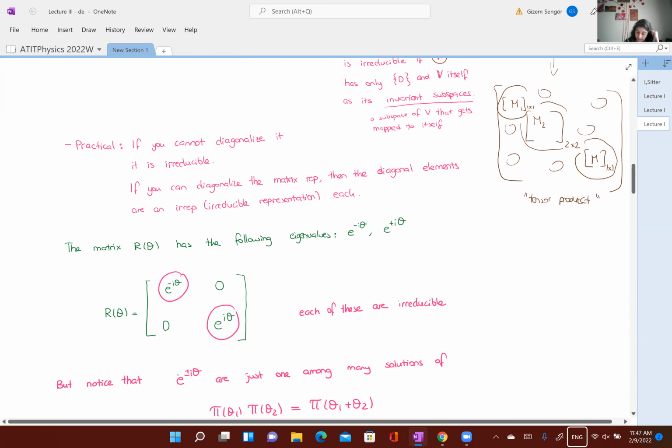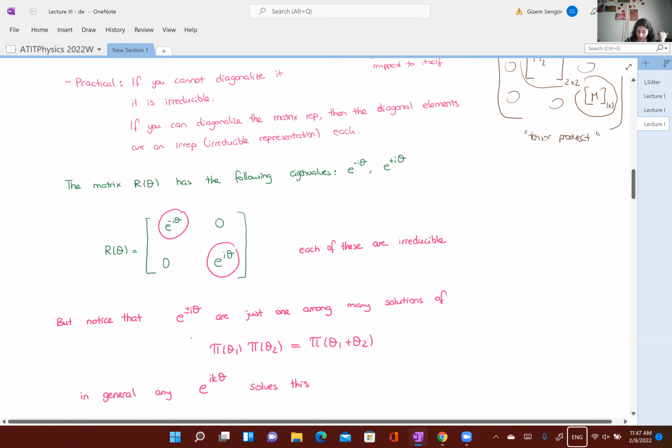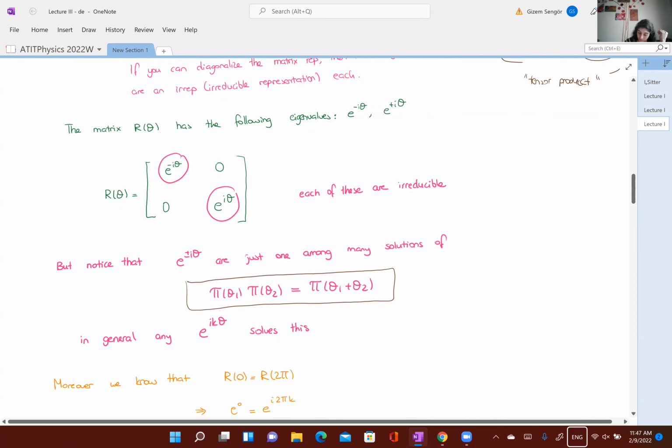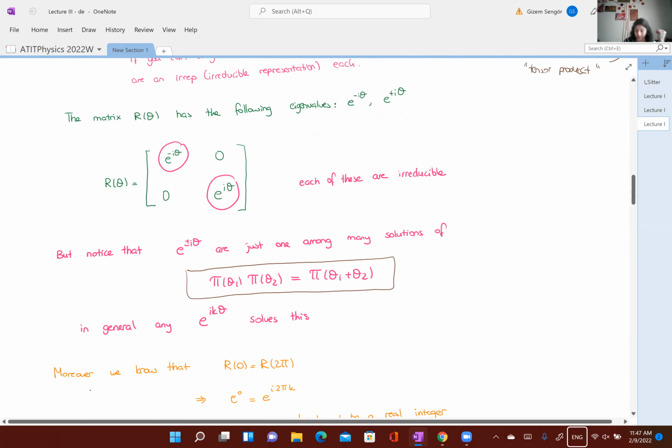But now notice that this e to the plus minus i theta is just one among many, many solutions that will satisfy our structure. So any e to the i k theta will work, will solve this. Moreover, we know that to rotate by 0 degrees and to rotate by 2 pi is the same thing. So this should also show up in our representation.